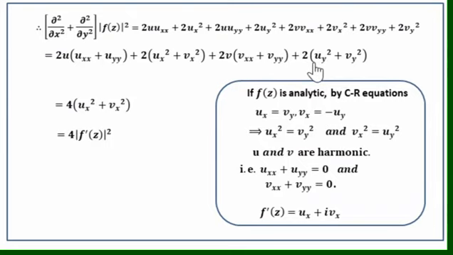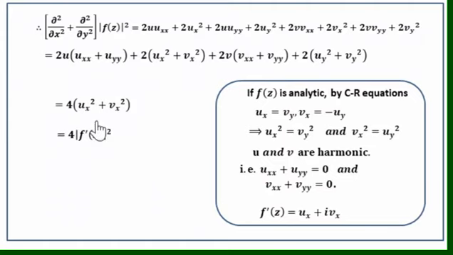So substitute, and we get this. This term becomes 2 into vx square plus ux square, and here we have 2 times ux square plus vx square. Simplifying, we get 4 times ux square plus vx square.